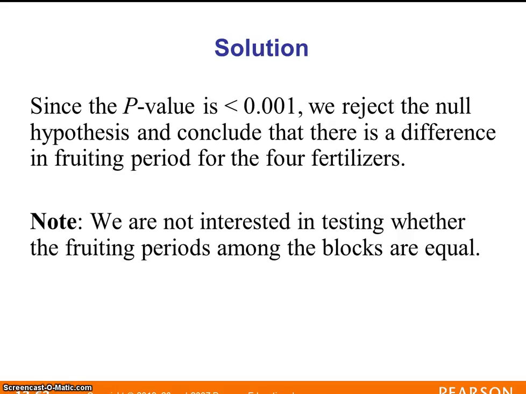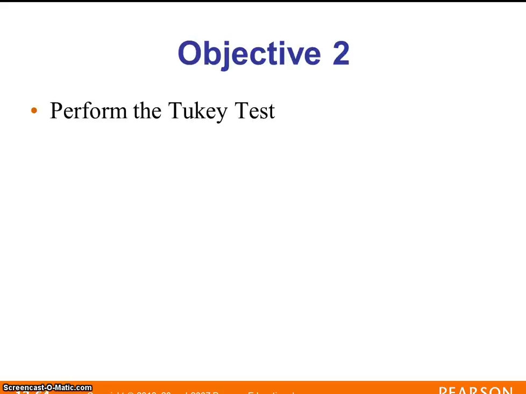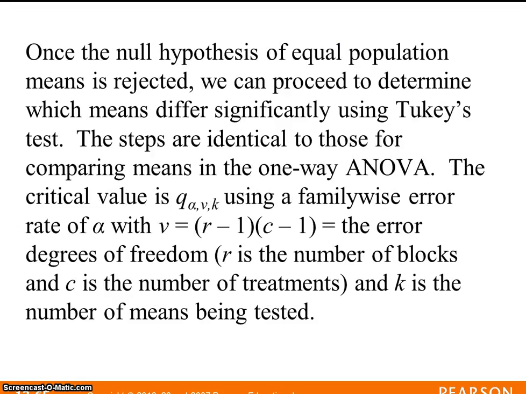So now that we've determined that at least one of them is different, then we need to check and see which ones are different. So to do that, we will go back to what we talked about in 13.2 and use Tukey's test. Once the null hypothesis is rejected, we can proceed to determine which one is different.